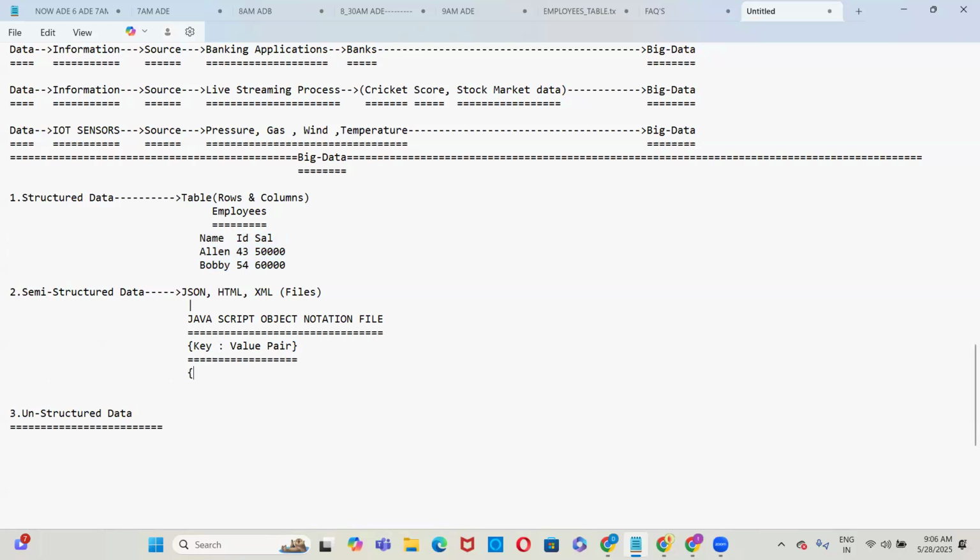So guys, keys are nothing but columns. Column names are called keys. The keys are always kept in double quotes like this. The first one, I'm writing name, colon, followed by its value. The value here is Alien, comma, ID.